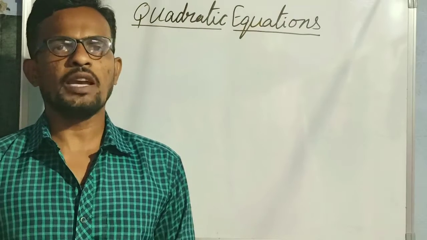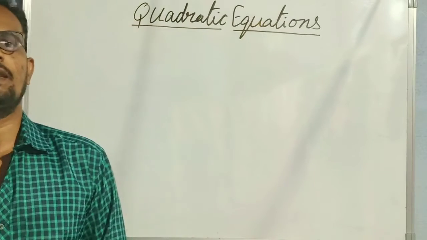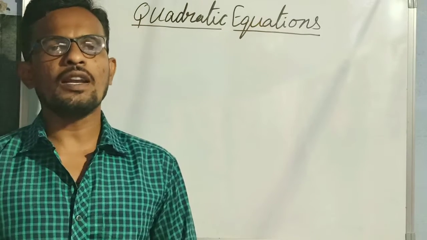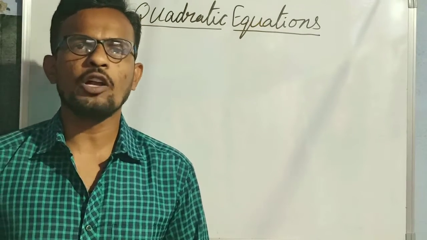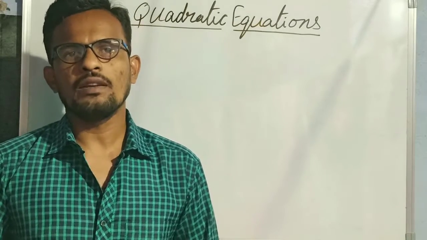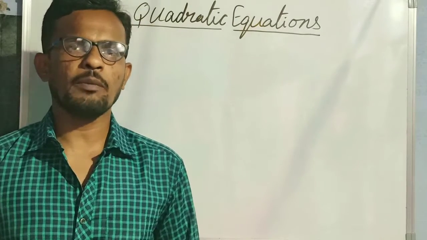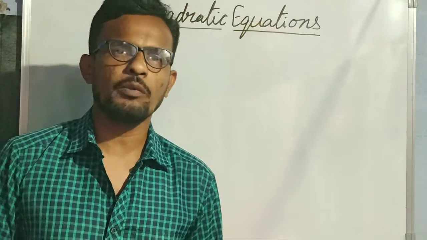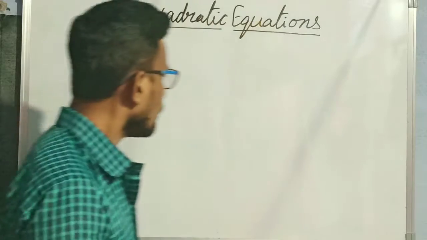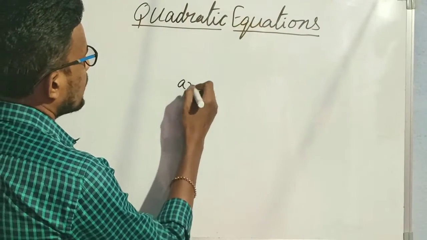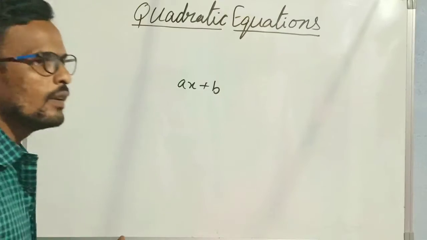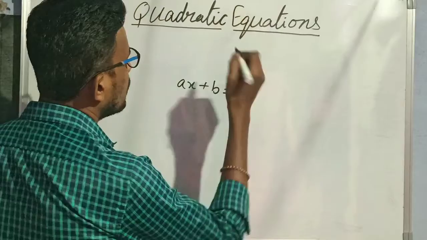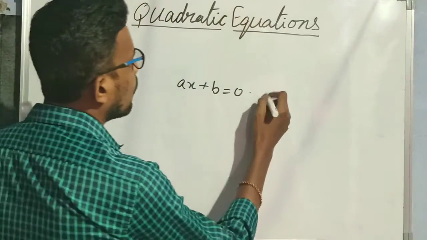So first, basic definition of quadratic equation. What is a quadratic equation? Already I have said that a linear polynomial means a polynomial whose degree is 1. For suppose ax plus b, yes, this is a linear polynomial, and if I take it equal to 0, then this becomes a linear equation.